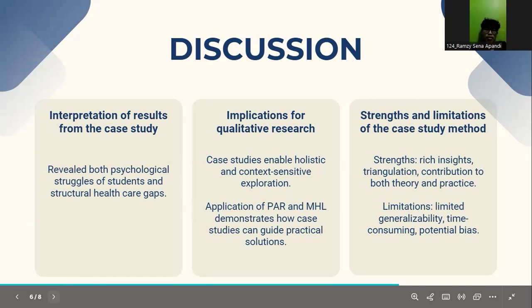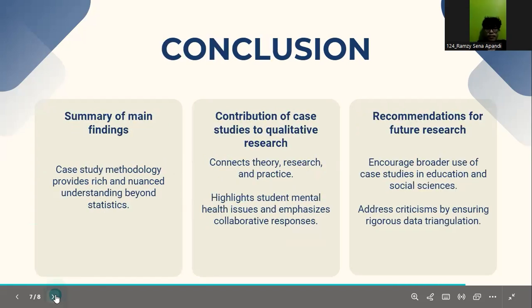This highlights how a case study not only identifies a problem, but also offers a venue to real solutions. Despite objections about generalizability, case studies are effective at producing contextual understanding, providing theoretical insight, and impacting policy and practice in education and mental health. All right, I think that's all.